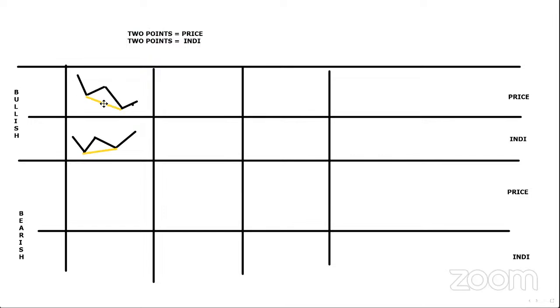Bullish divergence must be focused on lows. The price shows that it is going lower, lower lows, and the indicator is showing higher lows. In this case, you can go long. This is a strong buy signal.